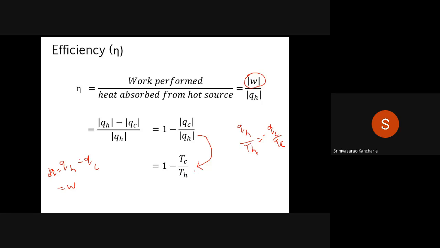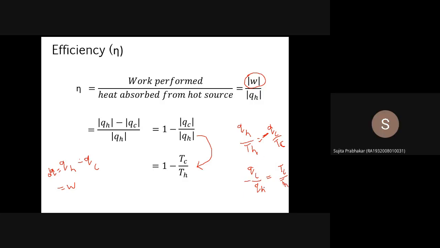It looks confusing. There is one minus sign, right? You want to write QC upon QH; it should be equal to TC upon TH, but with a negative sign. Is that okay? From this to this.